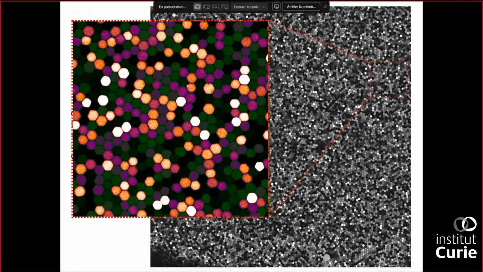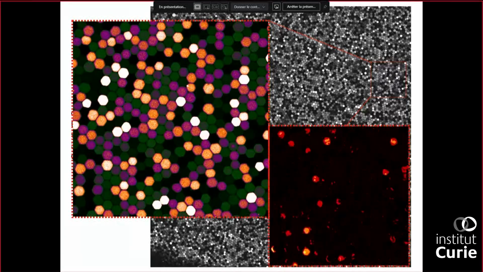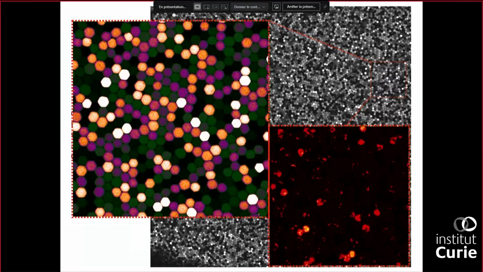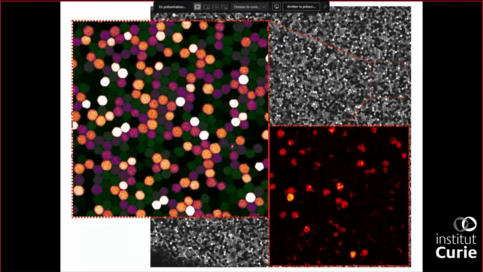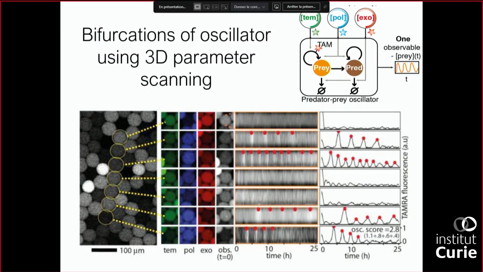As expected, they have different behavior because they have different compositions. It's not very clear that you have oscillations, but if you remove the background, that becomes a bit clearer here. And you can also represent that on this kind of representation. And here you see that some of these droplets indeed display relatively nice oscillations, and some do not.